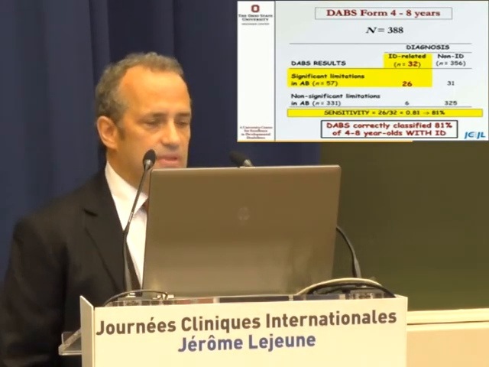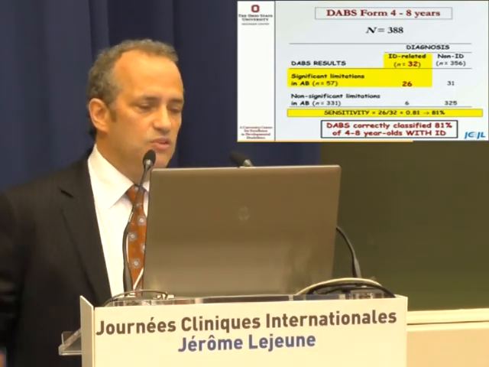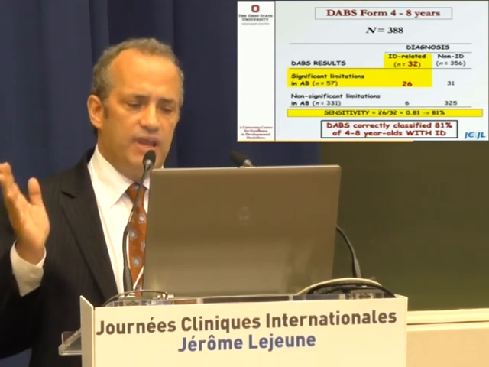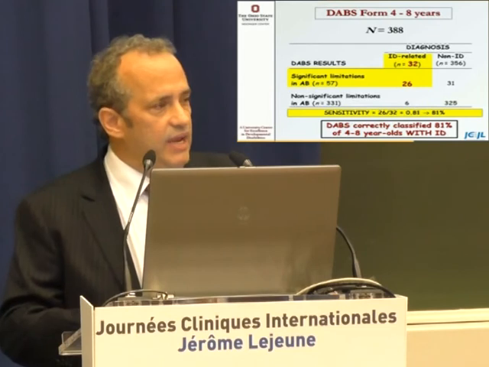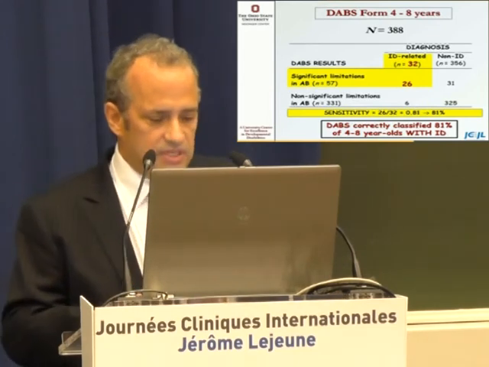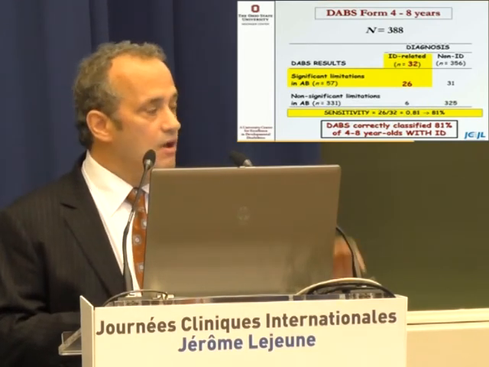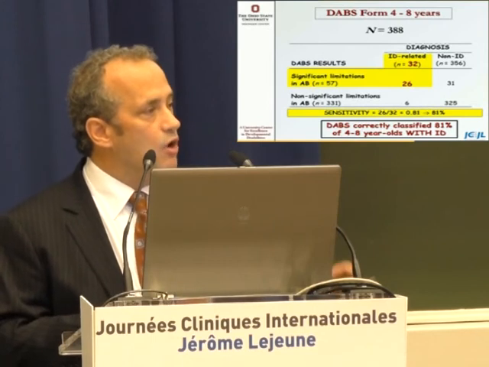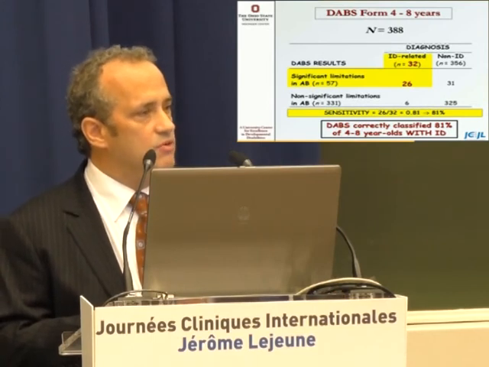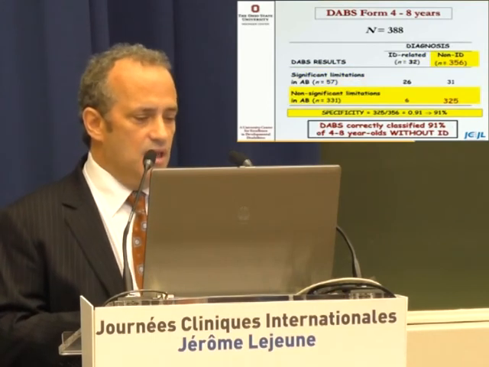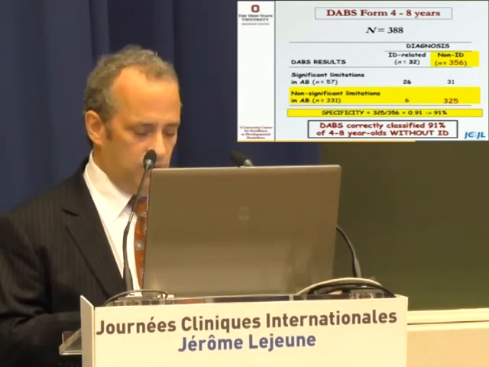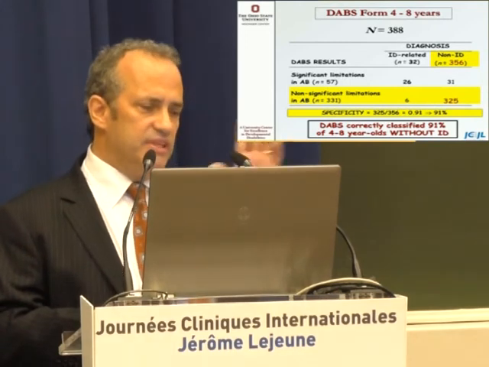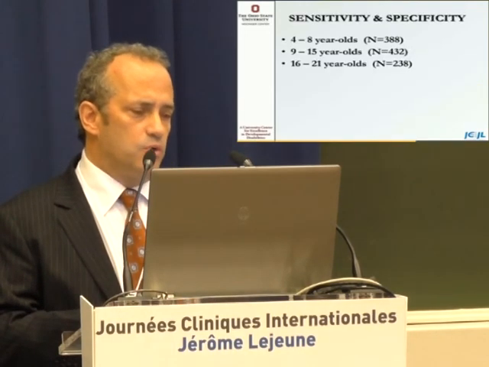We had a sample of 388 in the 4 to 8 years old, and we come up with a sensitivity of about 81%. So 81% of those who have intellectual disability also had significant deficits on one of those 3 adaptive behavior domains on the DABS. And if you look at specificity, we have even better specificity. It's about 91%.